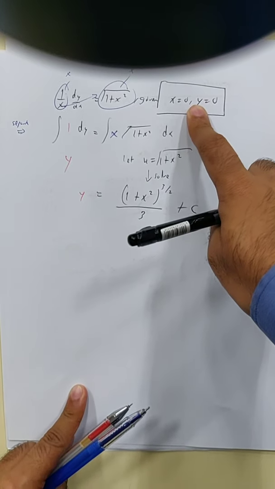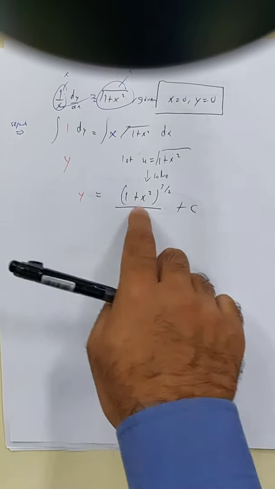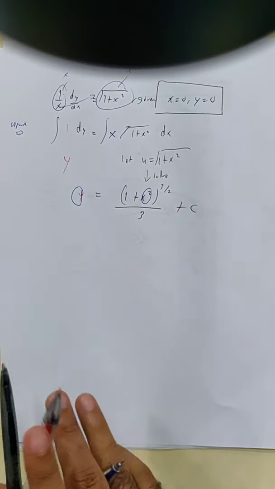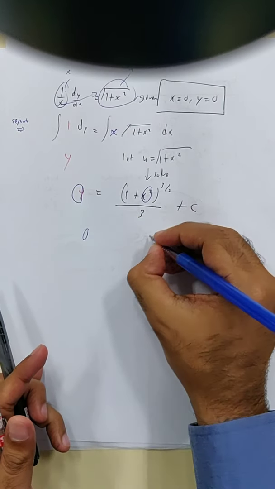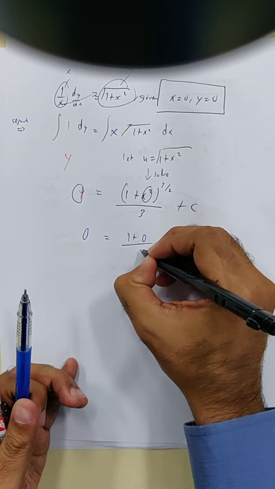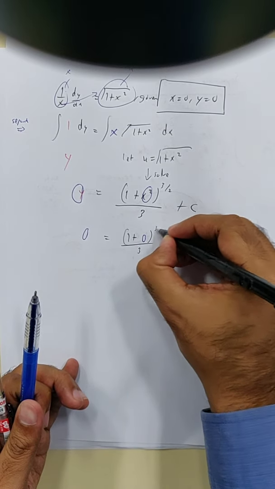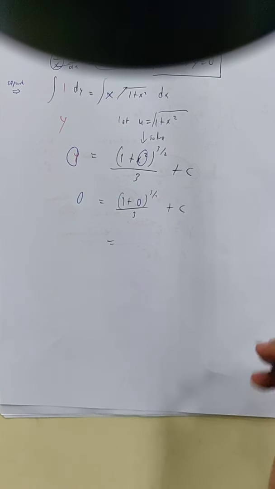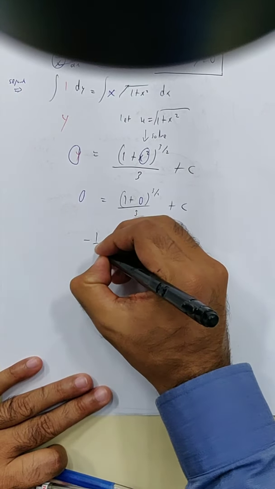So where should we substitute this? Over there. So 0 equals (1 plus 0) to the power 3 over 2, over 3, plus c. So that means what's my c? c is negative 1 over 3.